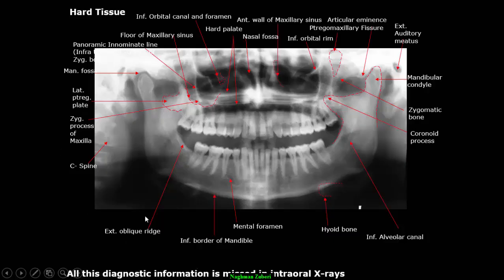You will see external oblique ridge, inferior border of the mandible, mental foramen, and this is hyoid bone. Inferior alveolar canal, and at times you will see ghost image of this side of the mandible on this side and ghost image of this side of the mandible on this side. This is hyoid bone on both sides.